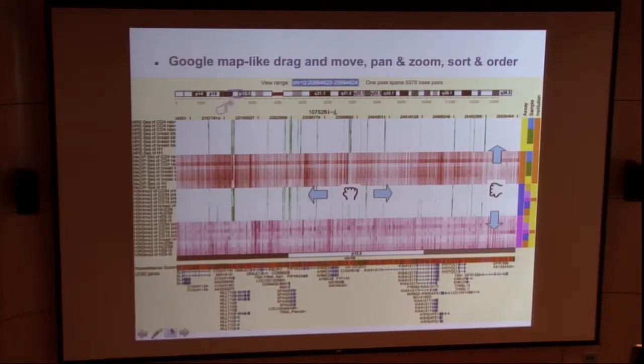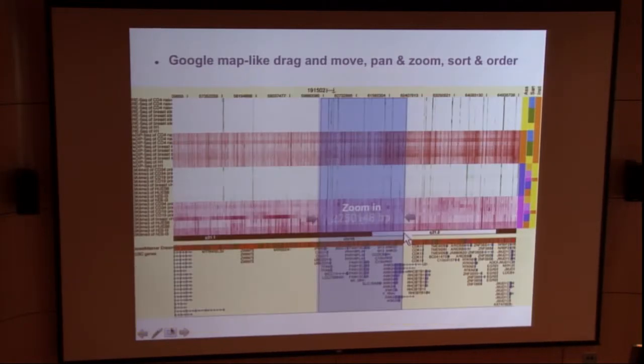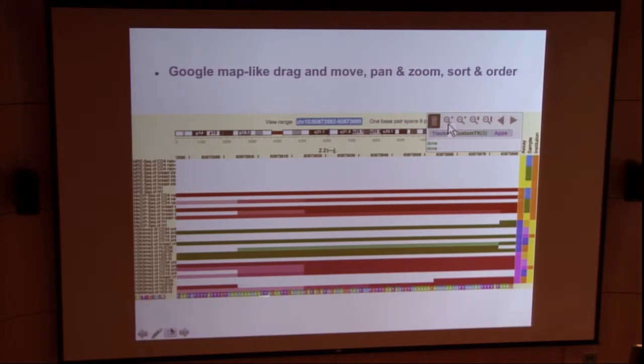So we're trying to achieve a very smooth visualization experience for the investigators. And of course, the typical zoom in, zoom out, we make that Google Map-like and smooth. When you zoom in to a very high resolution, you can see the genomic sequences, and the genomic data at a higher resolution.